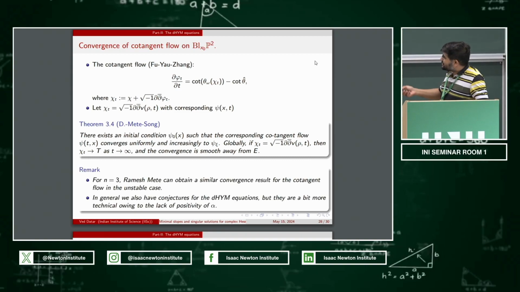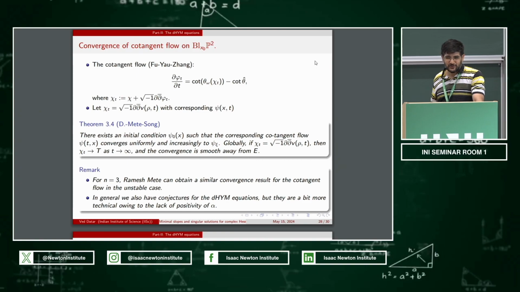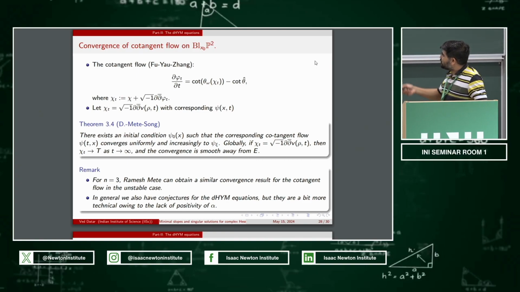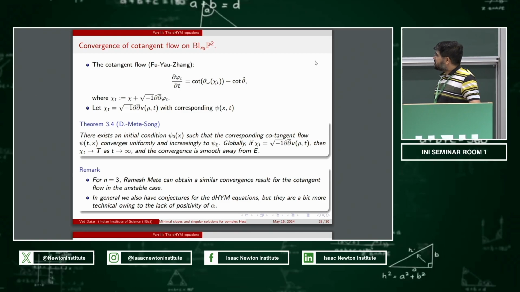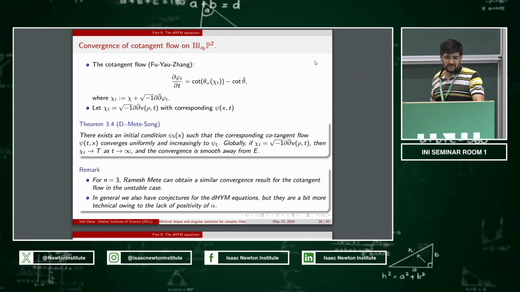So my student Ramesh, I think these are good things to hand out to your students, will try to work this out and prove this uniqueness result. More importantly, he's also working out a convergence result in the unstable case in dimension 3, which I think would be a new result.